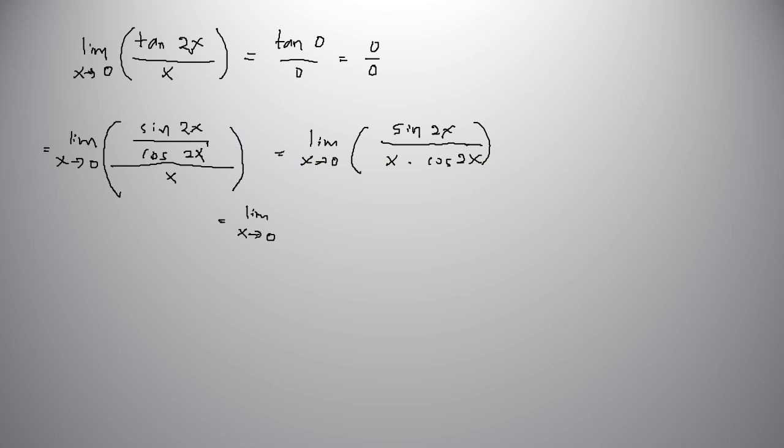Then we can separate this limit as the limit as x approaches 0 of sine 2x over x, because we want to adjust it like the squeezing theorem, sine x over x, and then multiply by another limit as x approaches 0. The rest is the function 1 over cos 2x.